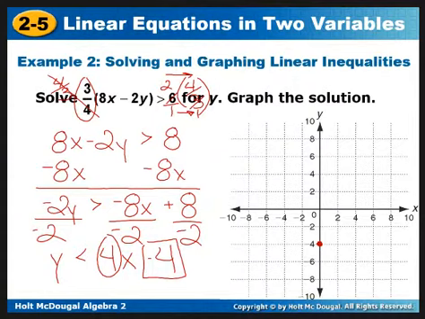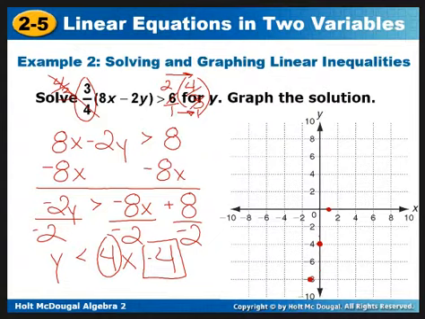So I'm going to go up 4, 1, 2, 3, 4, and I'm going to go over 1, or to the right 1, because it's +4/1. And then I could also go down 4, 1, 2, 3, 4, and back 1. If you wanted to keep going from the top point we put up there, that would be perfectly fine. I just wanted to make sure that you understand the slope. 4 is the same as 4/1 or -4/-1.